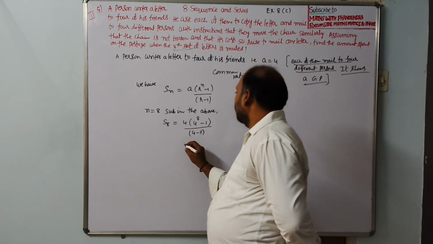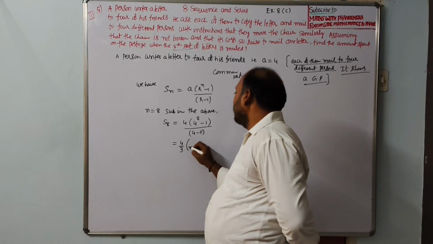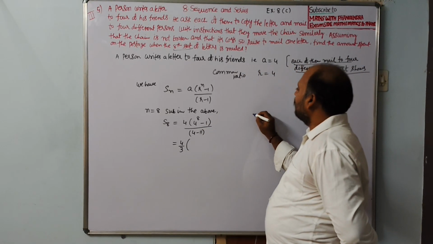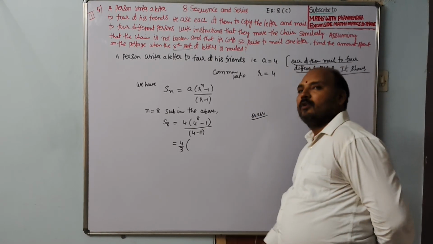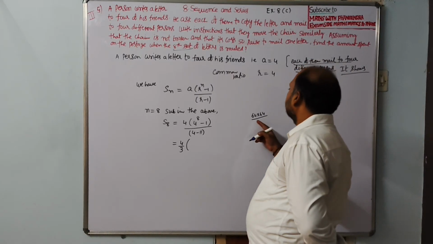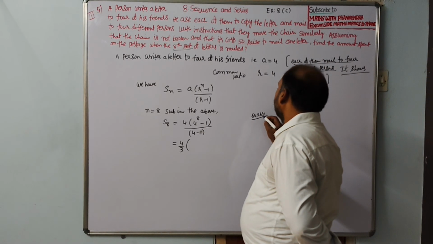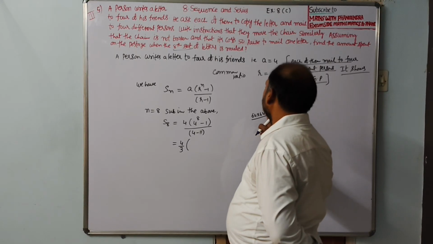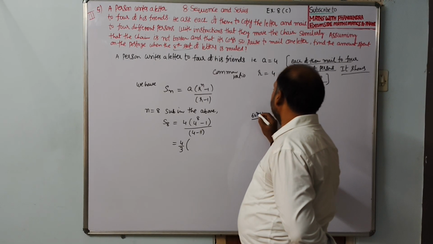Okay, students. So which is equal to 4 by 3. 4 power 8. Before that, 4 power 3, 64 into 64 into 16 later it comes. This is 4 power 3, 4 power 3, 4 power 8 now. 4 square, 4 square. 64 into 64.